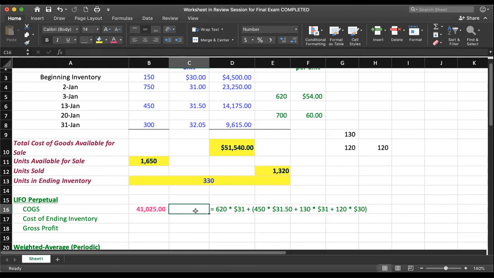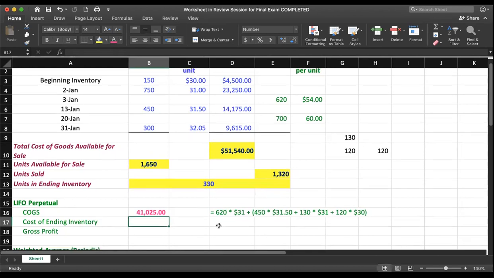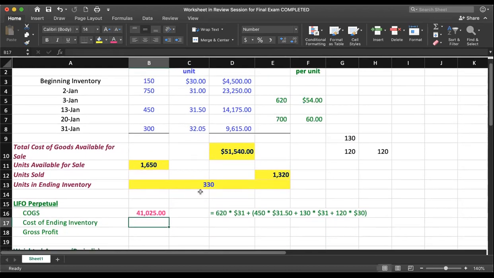Now, the next question is, what's the cost of the ending inventory? We know that there's 330 units in ending inventory. 300 of those units were purchased after the last sale.